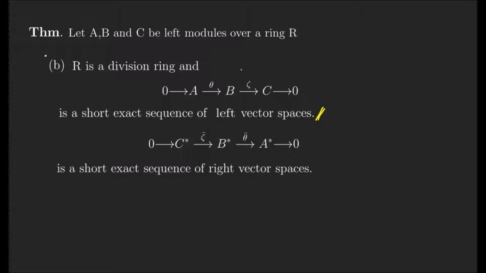This is an important property for understanding homological algebra in the future. Even though we cannot prove this statement, statements A and B can be proved by the previous theorem we introduced.